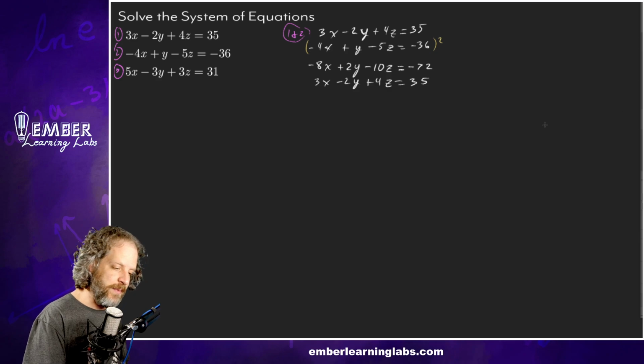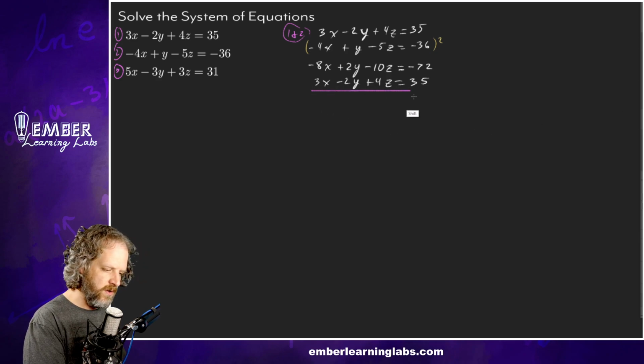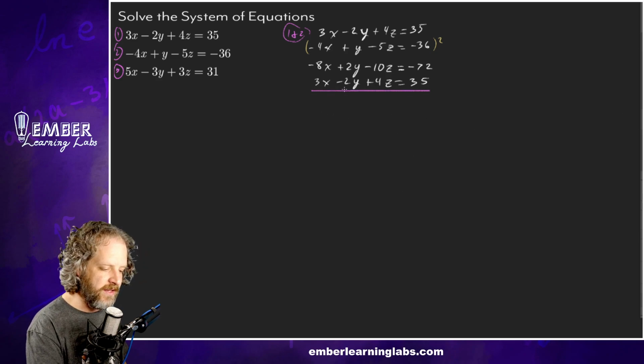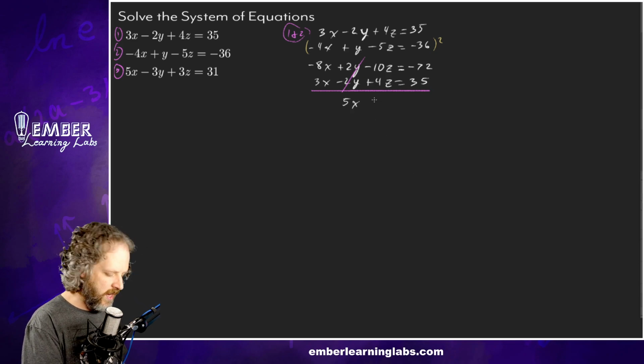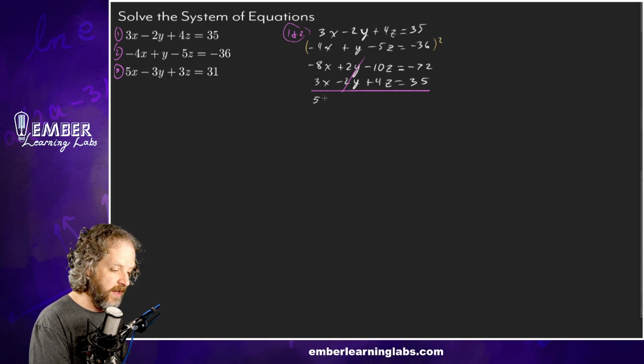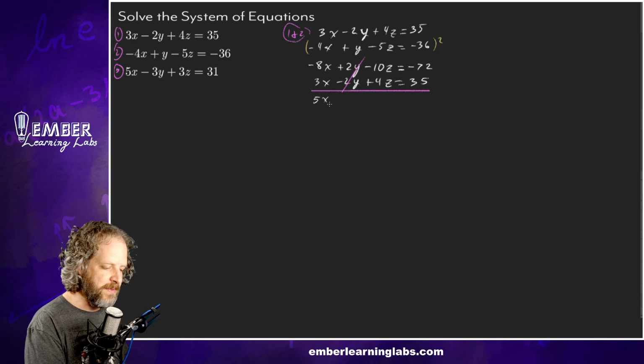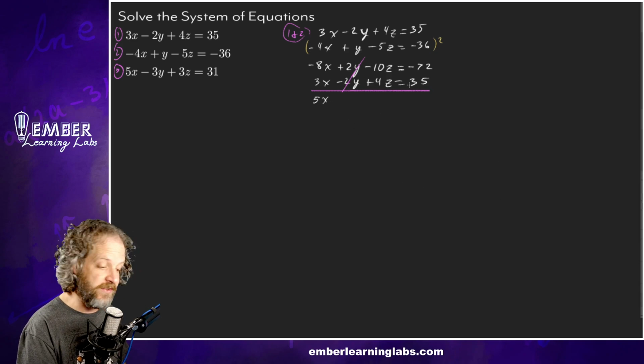So now I'm going to eliminate, right? When I do that, these y's drop out, and we are left with 8 minus 3, so that's 5x. I may keep that shifted over just to make it easier to see what's happening.